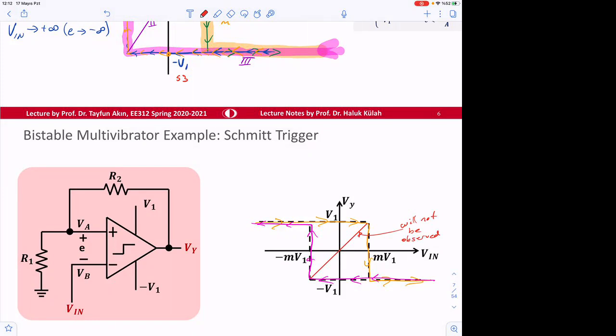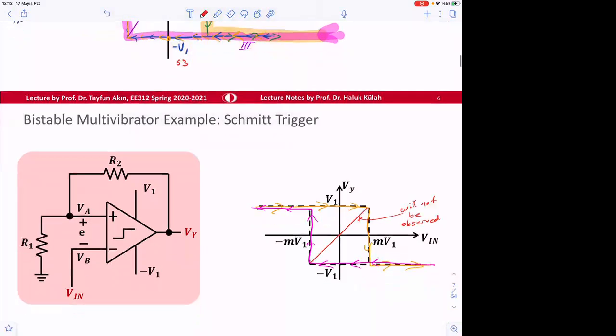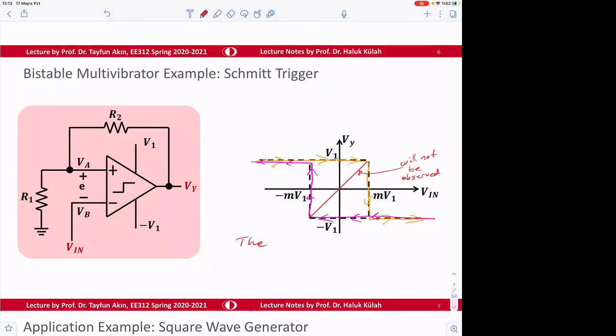So we can say that the circuit has memory. Okay.